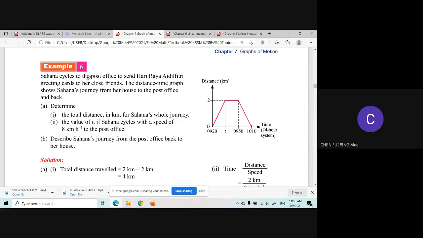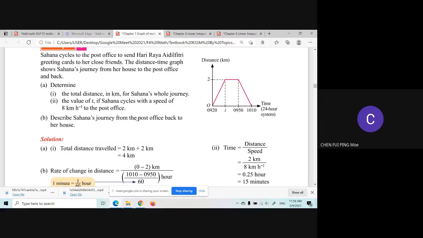Suhana cycled to the post office to send a Hari Raya greeting card to her close friend. The distance-time graph is this one. Determine the total distance in km. How do you calculate the total distance? From here, she goes from her house to the post office.